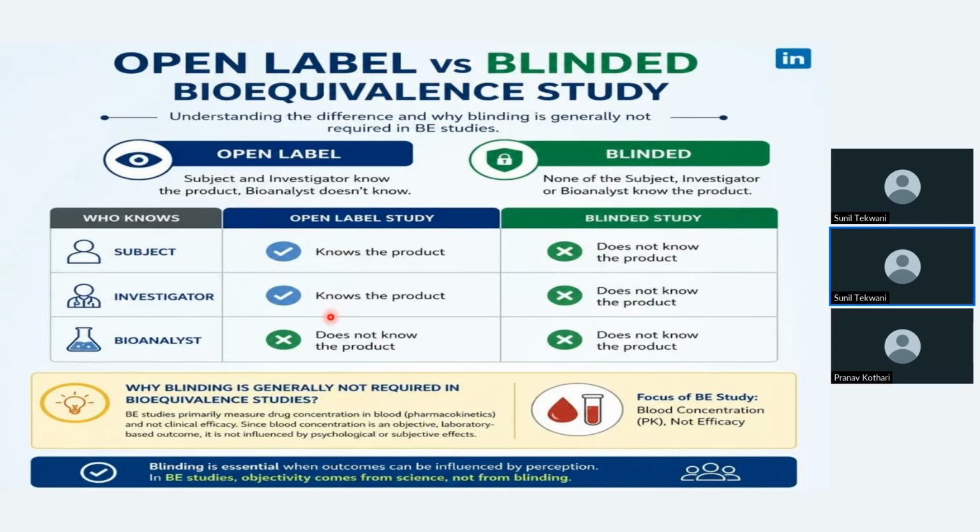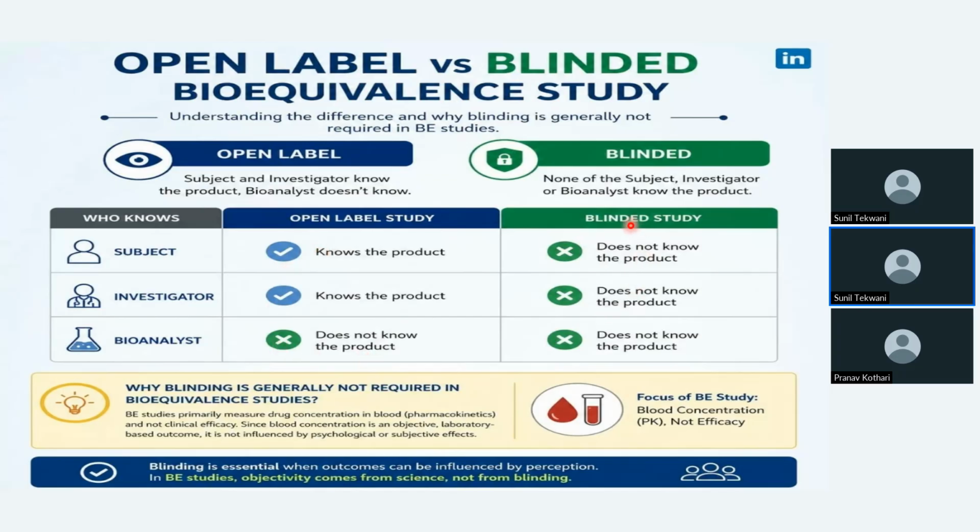But even in the open label study, the bioanalyst does not know whether he is analyzing test product in the sample or reference product in the sample. Only the sample ID will be provided to him. That's sample ID XYZ235, you have to analyze. Whether it is test product or reference product, he does not know. Now, why he is not allowed, that I'll explain shortly.